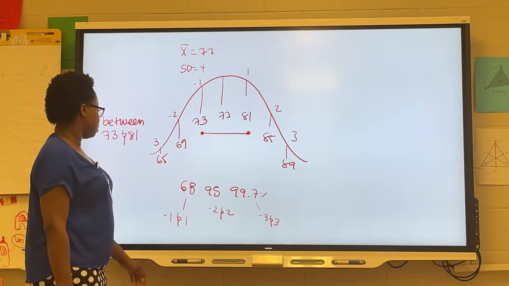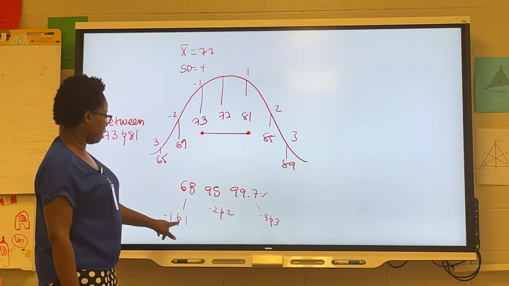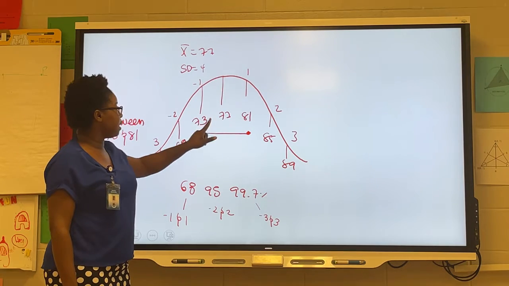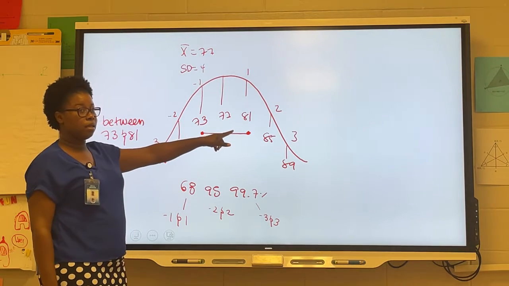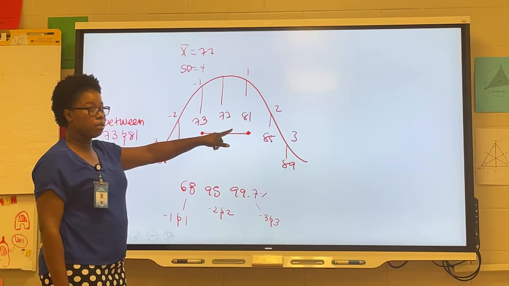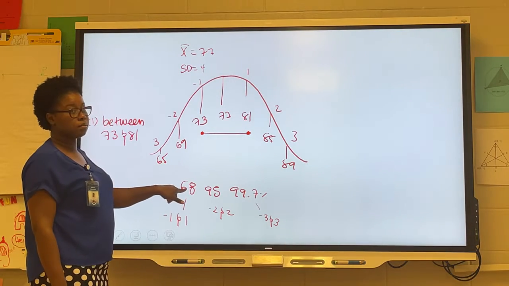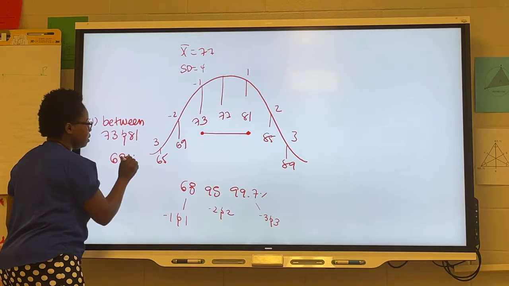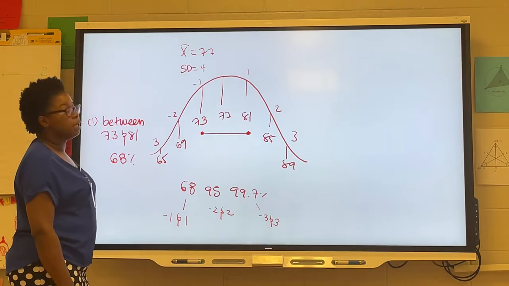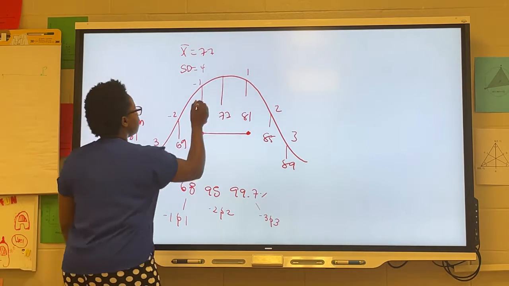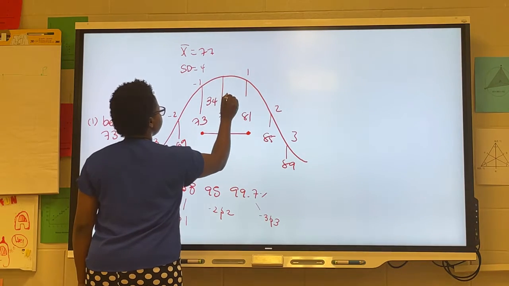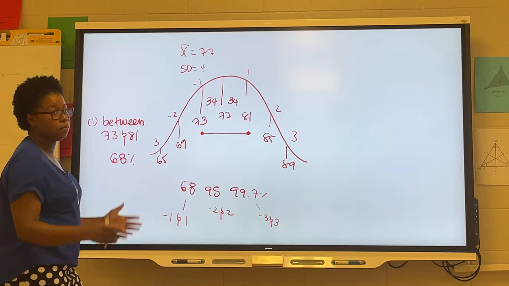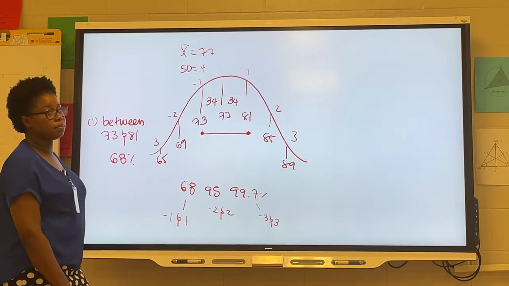So 68 is between negative 1 and positive 1, the same thing as 73 and 81. What percent of the data is that? 68%. So 68% lies between 73 and 81. Also, you know half of it is 34, half is 34. So both of them give you 68.